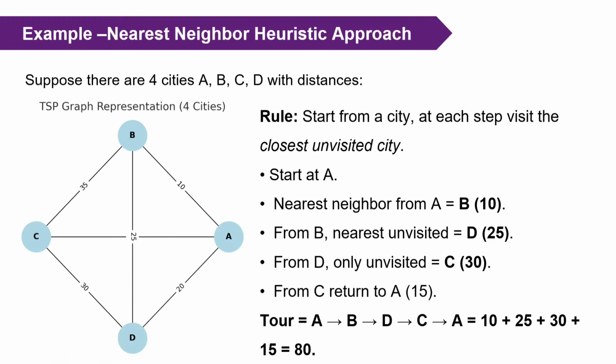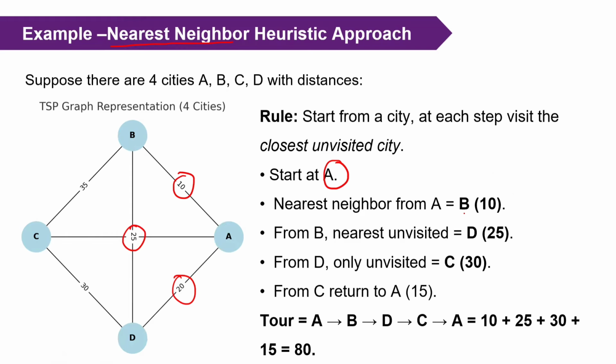Instead of using brute force, another approach is the nearest neighbor. What is the nearest neighbor? For example, I am starting at one city A. Assume from A, we have three neighbors. One is B with distance 10, another one is C with distance 25, D with distance 20. Now, choose the neighbor with the nearest value.